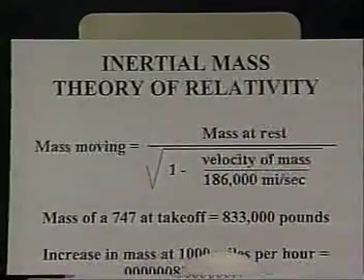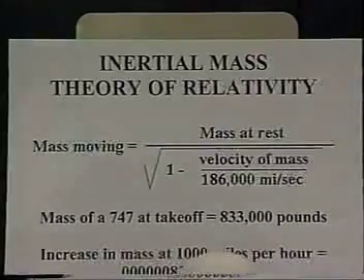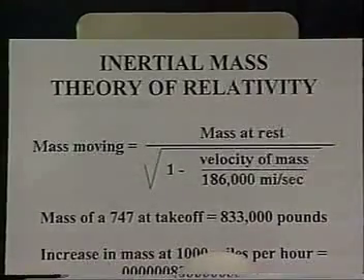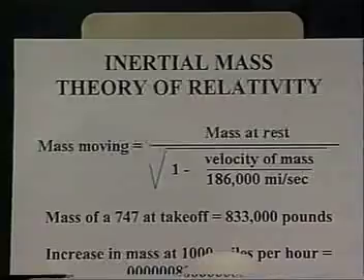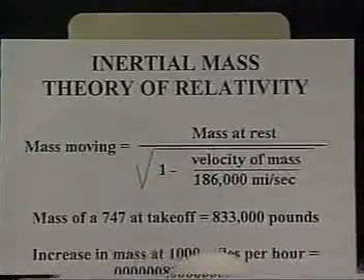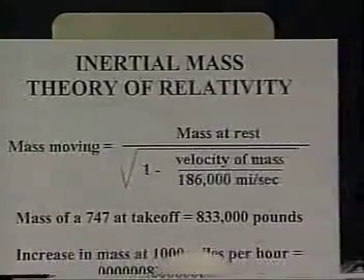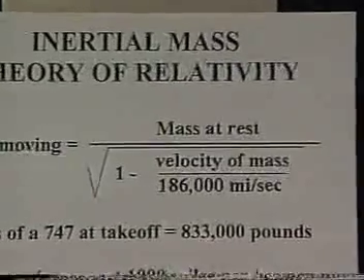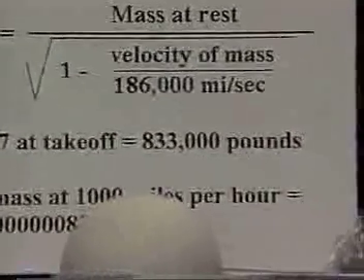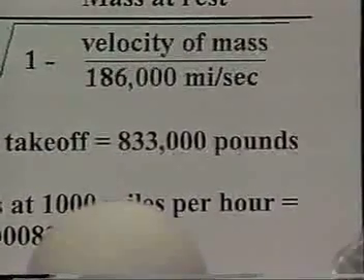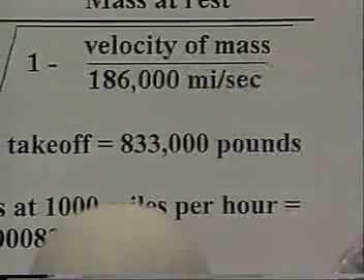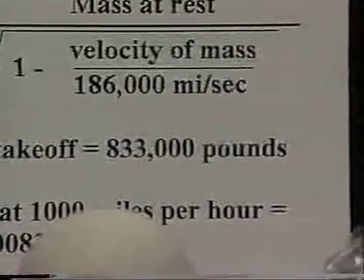As an example, a Boeing 747 weighs at takeoff 833,000 pounds, which is a lot. That's one of those big commercial airliners. And that airplane won't fly 1,000 miles an hour.